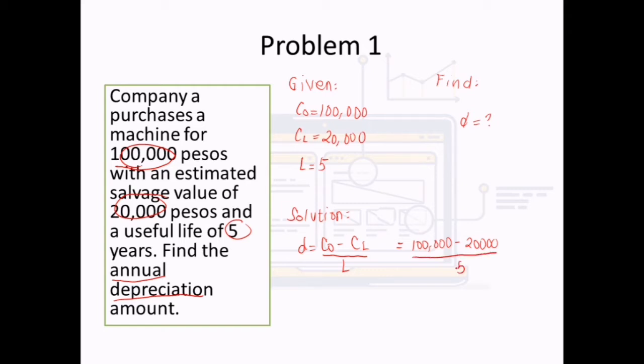So, using your calculators, you can now solve for the final answer, which should be 16,000 pesos. Meaning to say, the machine will have an annual depreciation amount of 16,000 pesos. Our machine will decrease its value by 16,000 pesos every single year.